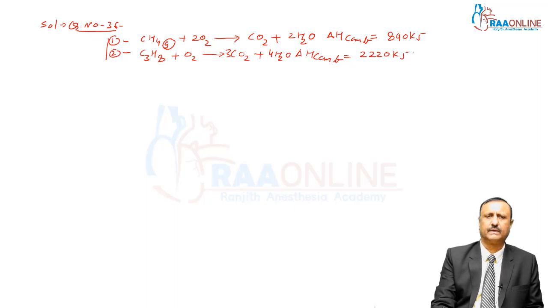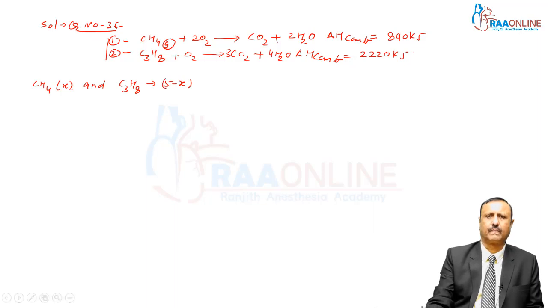Now we take methane as X, and propane C3H8 as 5 minus X. Why?